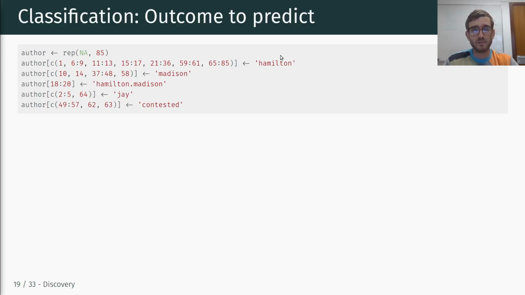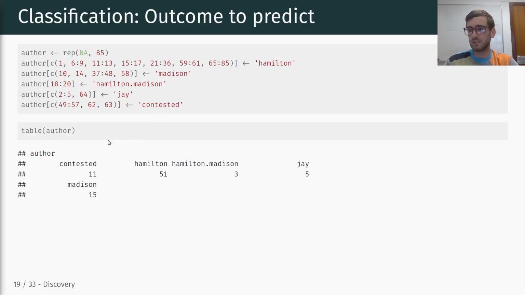And our goal now is to identify, based on the essays where we know the authorship, who ultimately was the author of the remaining contested essays. So that's the outcome that we want to predict, and that's the dependent variable in our model ultimately. Right?